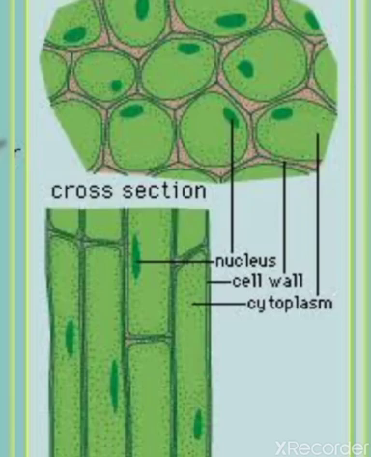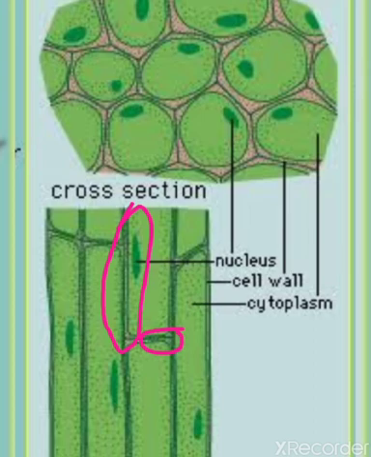If we compare these cells with parenchyma cells, these cells have thicker primary cell walls. See in the figure, cell wall is thicker than the parenchyma cells, which you have already seen. They are thickened at the corners due to the presence of cellulose and pectin. Clear?